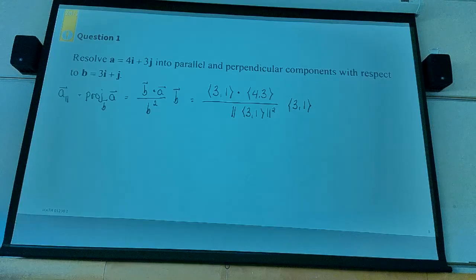What is that dot product? 3 times 4 plus 1 times 3. What is the magnitude of B? Square root of 3 squared plus 1 squared, which is what?